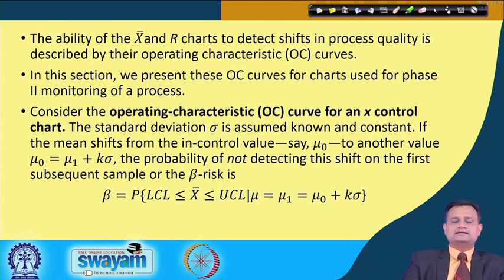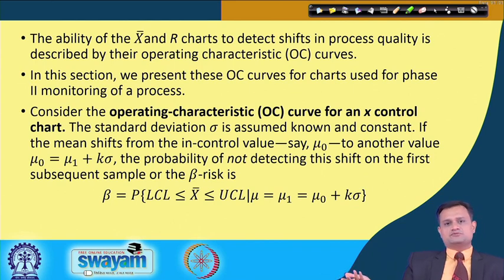So just think that there could be two things that can change. One is the shift in mean, other is shift in the variance. So your variability has got shifted from, let us say, sigma 0 to sigma 1, and your mean has shifted, let us say, from mu 0 to mu 1.